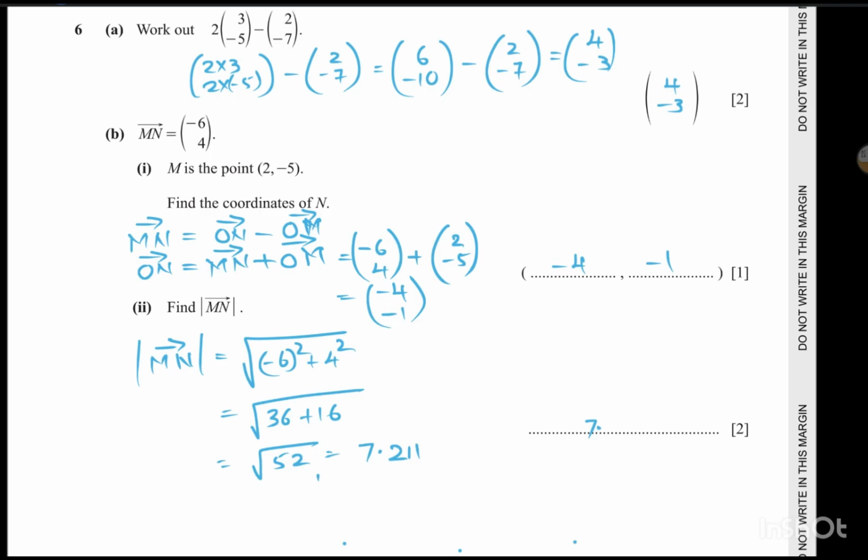So 7.2 will be the magnitude of vector MN. Question number 6 A and B is done.